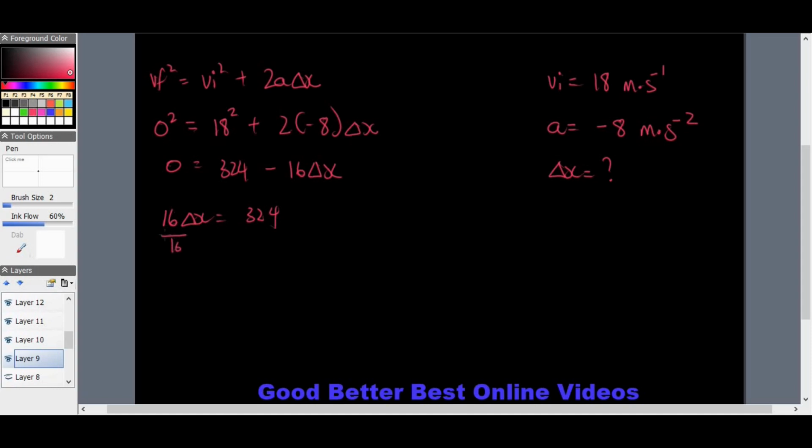Divide both sides by 16. The stopping distance, delta x, is roughly equal to 20.25 meters if he decelerates at minus 8 meters per second squared. Therefore the distance covered was 20.25 meters while he was braking before he got to the light.